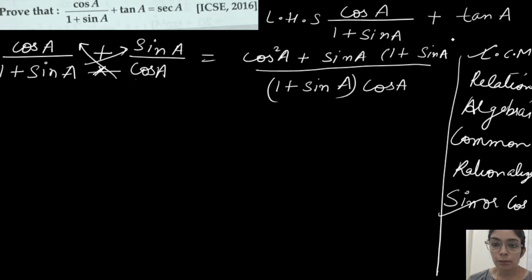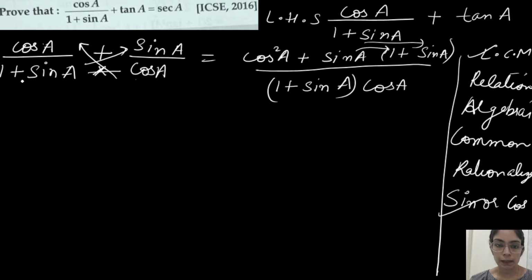See, till the previous question only 1 was there at the numerator, so we were writing the same terms, because if you multiply anything with 1 the answer will be the same. But here some different terms are there at the numerator, so we actually have to multiply them. So cos into cos is cos square plus sine into 1 plus sine A. When we do bracket multiplication, I have to multiply with both the terms.